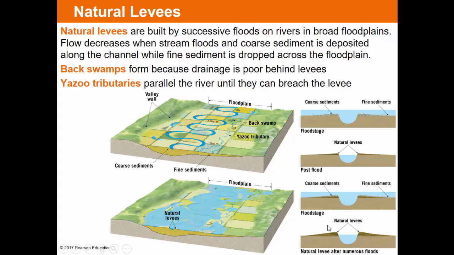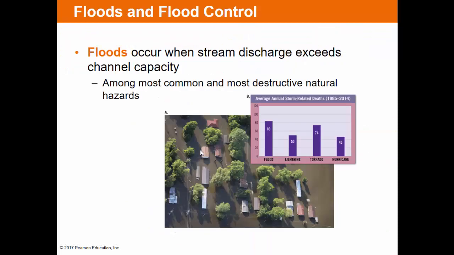And if there's a tributary of this main river trying to flow down into it, and it encounters this natural levee, well, this little river can't get to the main channel, so it actually flows parallel. It's called a Yazoo tributary. It will flow parallel to the main channel until it can find a place to break through and get into the main channel.